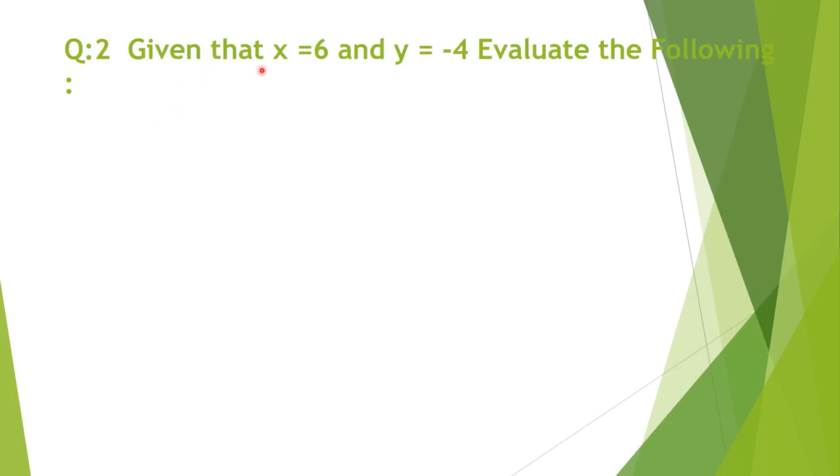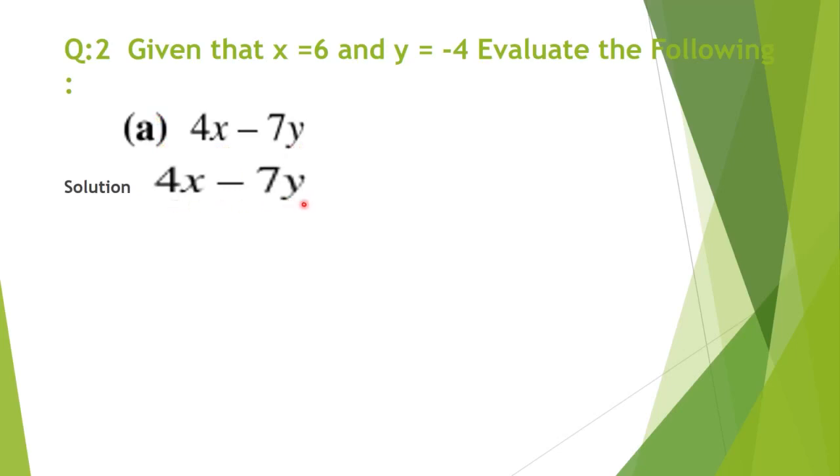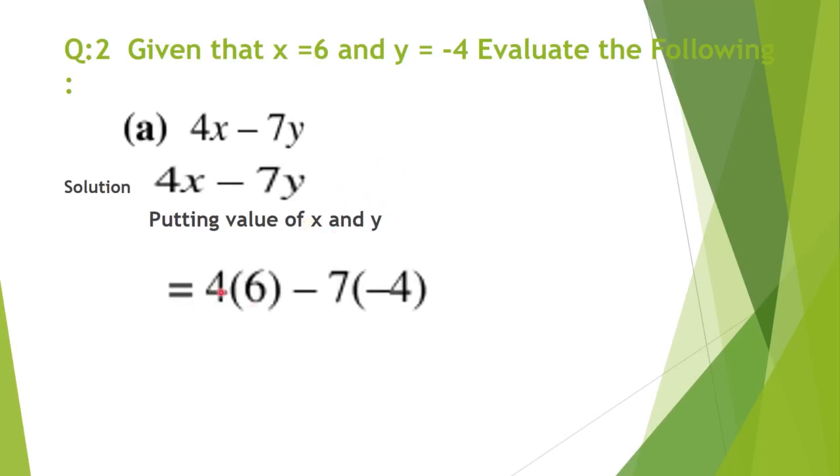Question number 1. Given that x is equal to 6 and y is equal to minus 4, evaluate the following. A. 4x minus 7y. Solution. 4x minus 7y as it is. Putting the values of x and y, the value of x is 6 and the value of y is minus 4. So 4 times 6, then minus 7 times minus 4.